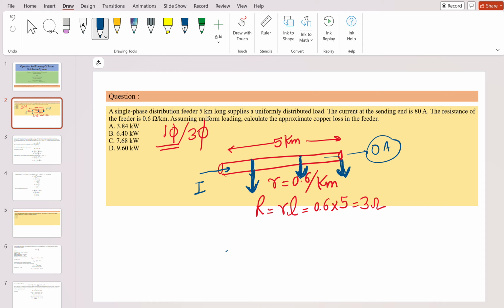That is the meaning of a uniformly distributed line. So if you want zero current here, you draw it like this: I by 3 goes into this load, then I by 3 into this, and I by 3 into this. So here it will be 2I by 3, then I by 3 goes into the last load, and here the 0 ampere will be there. This can be fitted like this.